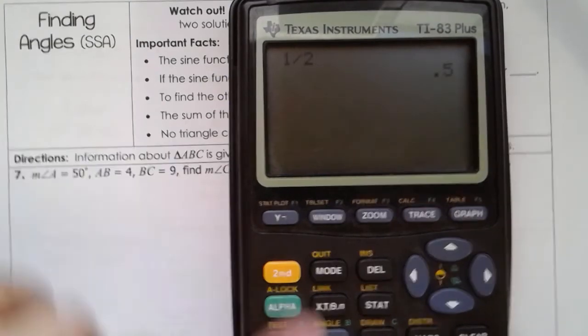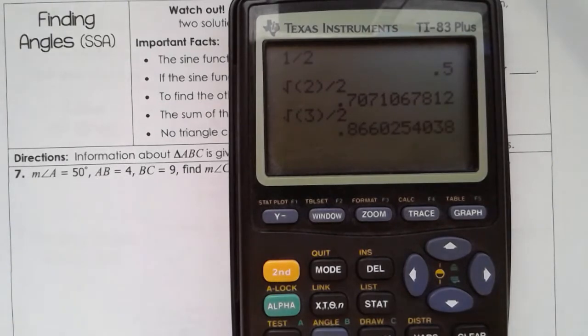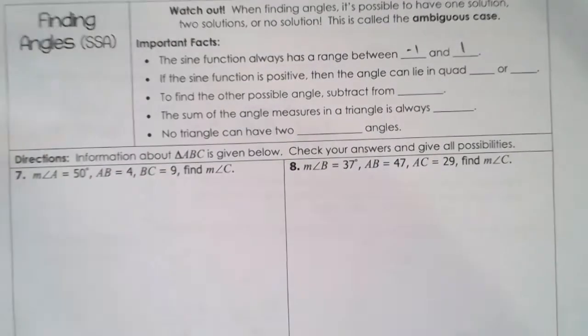You got 1/2. You can have radical 2/2, which is 0.707. You have radical 3 divided by 2, 0.86, and then you keep getting closer and closer, and finally, when you get the sine of 90 degrees or the sine of pi/2, you get to 1, and then in the second quadrant it starts declining all the way back to 0. So, the sine function always has a range between -1 and 1.